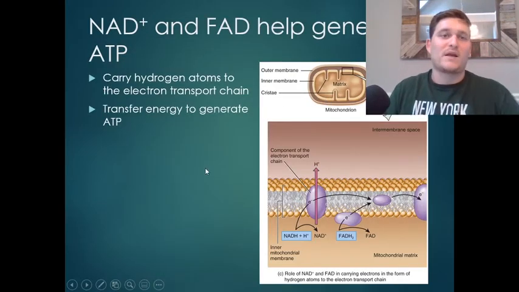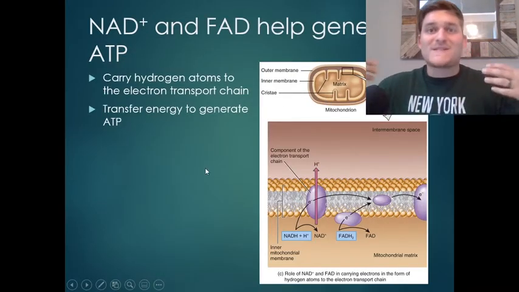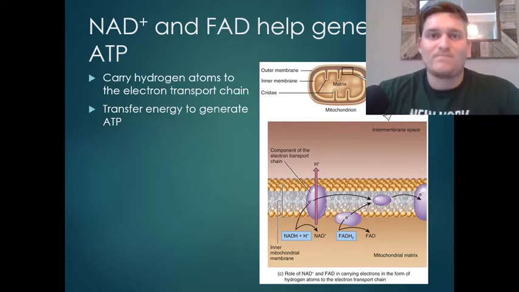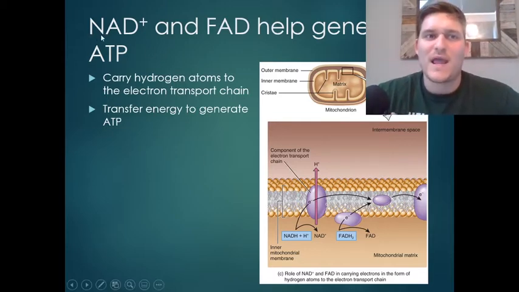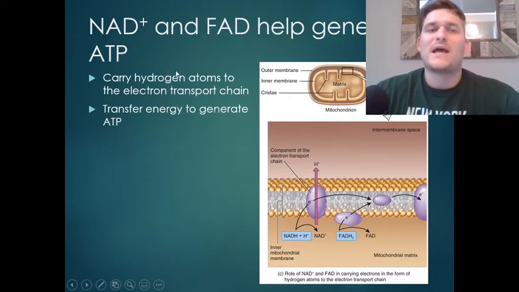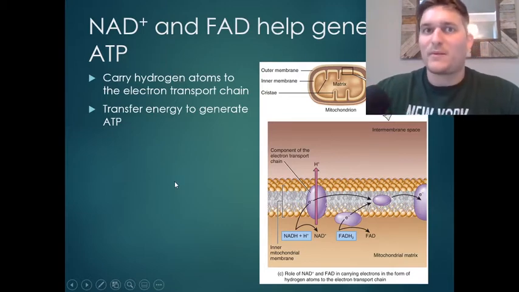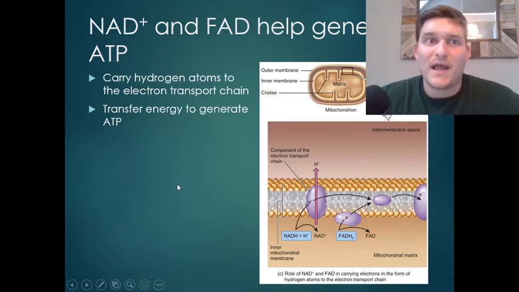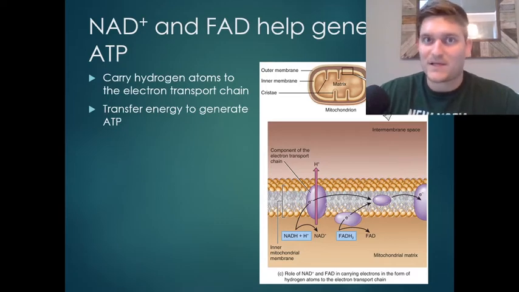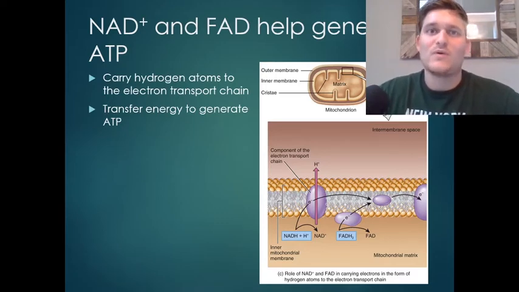And again, we're going to break it down a little bit further, but you're going to see through these metabolic processes that 2 electron carriers, both NAD plus and FAD, are going to be the ones that generate ATP. So as we go along through these metabolic processes, keep in mind that every NAD and FAD that picks up hydrogens and electrons is going to be converted into energy.